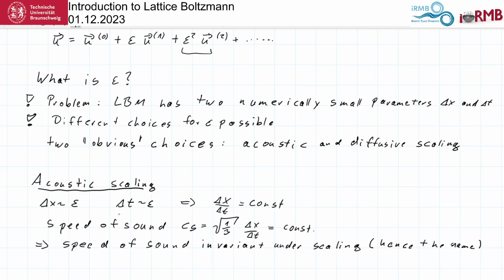Yeah? And by the way, if you want to do acoustics with Lattice Boltzmann, this is what you are going to do. You'll use acoustic scaling. However, there is also a problem with acoustic scaling.